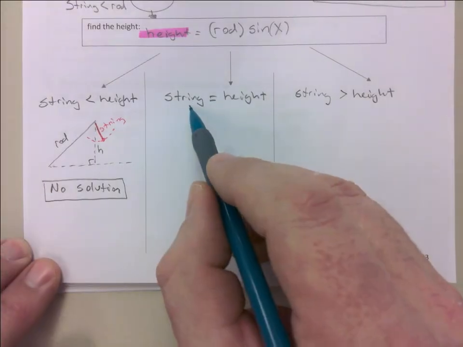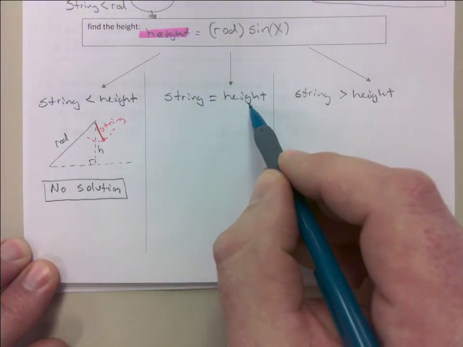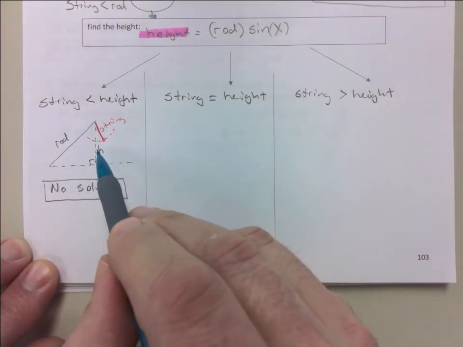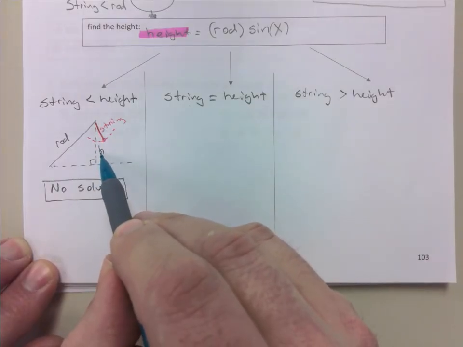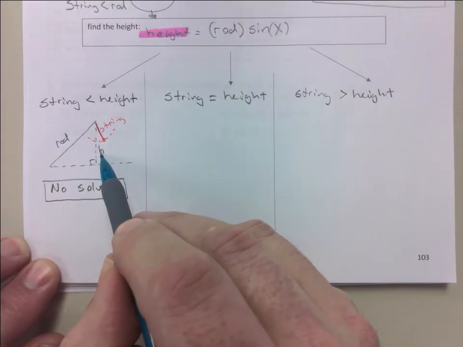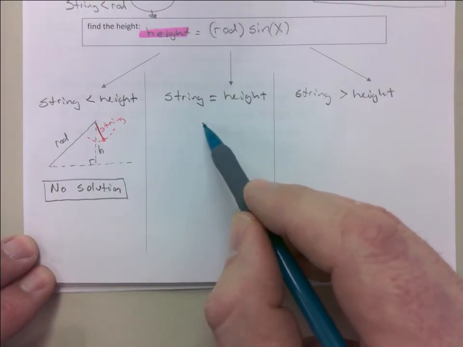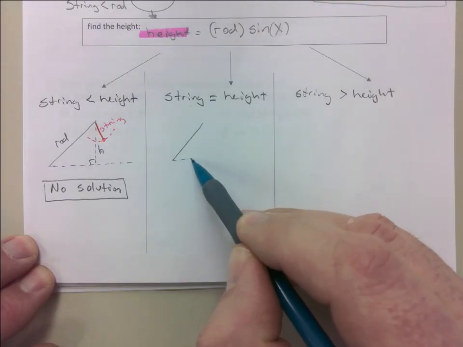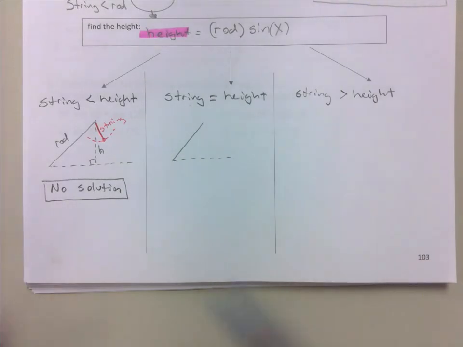Okay? If the string is exactly equal to the height, what do we have? We have a right triangle. We have one solution. Okay? So we're going to draw this and make the base dashed because we technically don't know what it is.